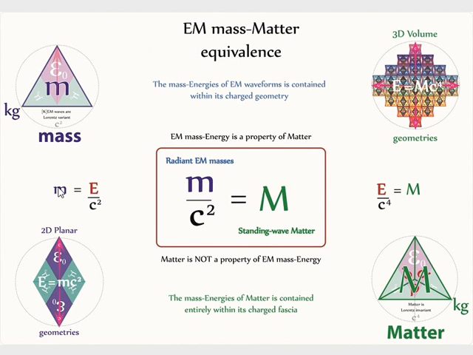Mass and energy are equivalent. Matter and mass are not. It's a one-way relationship. You can have mass in matter, but you can't have matter in mass. c to the fourth can be divided by c squared. c squared can't be divided by c to the fourth. Mathematically and geometrically, we now have very precise definitions of mass, energy, and matter as a complete equation and a complete geometry.